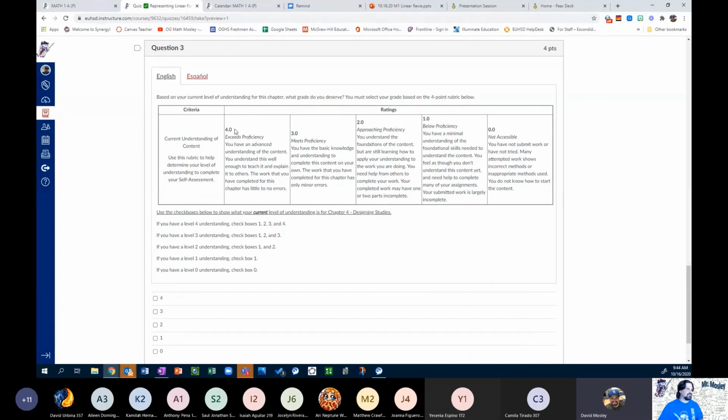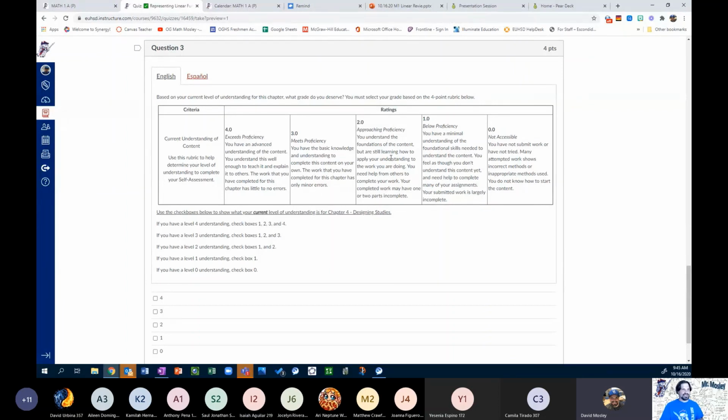A 4 exceeds proficiency. You have an advanced understanding of the content. You understand it well enough to teach and explain it to others. The work that you have completed for this chapter has little to no errors. So the stuff that you have done previously should support the grade that you're checking here. A 3, you have a basic knowledge, you can do the work, you have some errors.